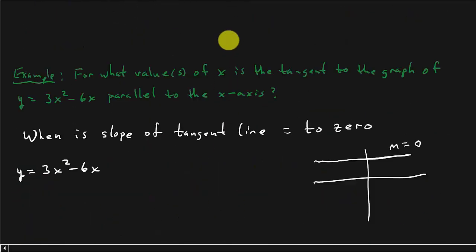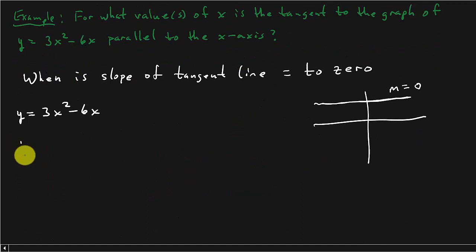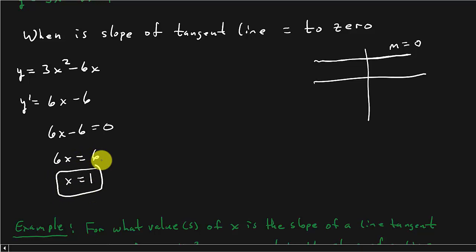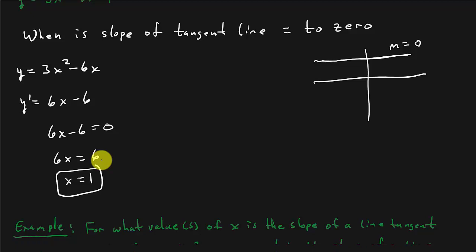If we take the derivative of this, which is 6x minus 6, we want to know when the slope is 0. So when is the derivative equal to 0? We solve 6x equals 6, x equals 1. So when x is equal to 1, that's when the slope of the tangent line is 0. All right, I hope that made sense.